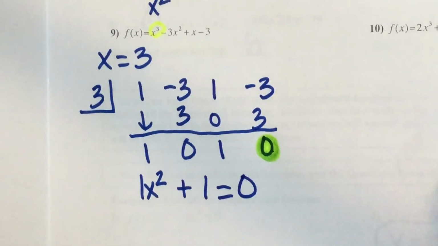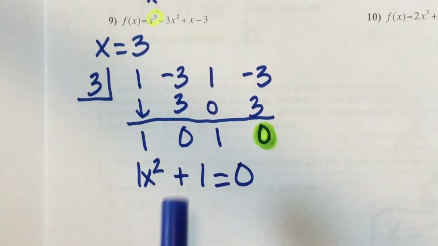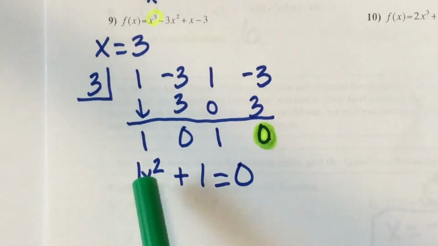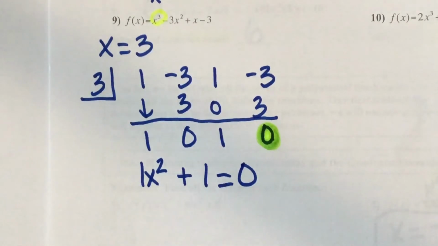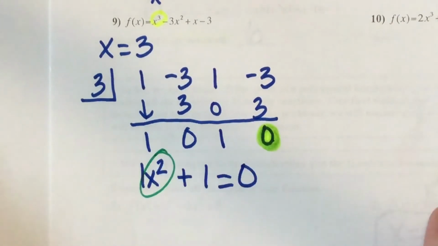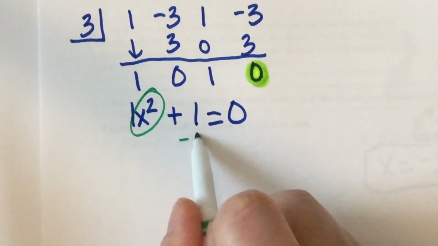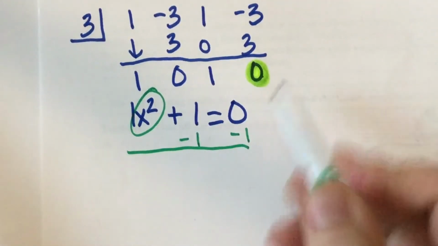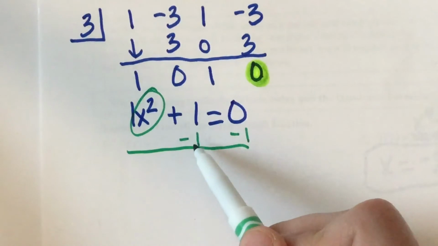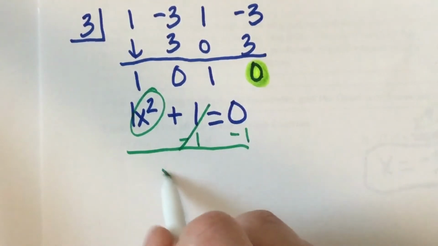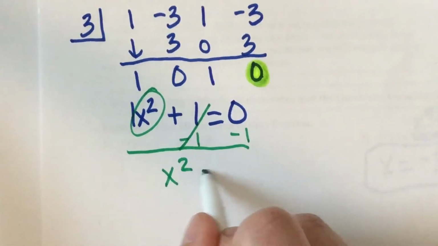Now, the great thing about this problem is because there's no x in the problem, I can do the thing called the square root method. So the square root method's goal is to get x squared by itself and square root. So in order to get x squared by itself, I would have to subtract 1 from both sides. And then 1 minus 1 is 0. So all you're left with is x squared. Bring down the equals.